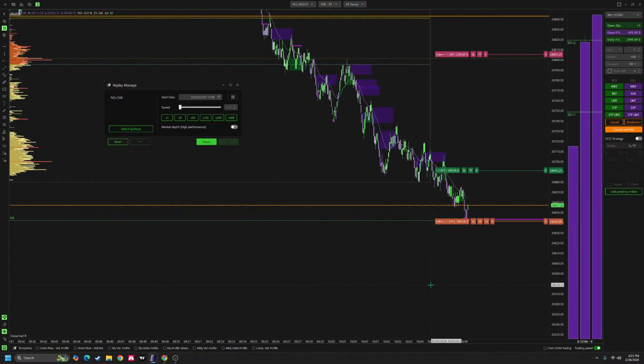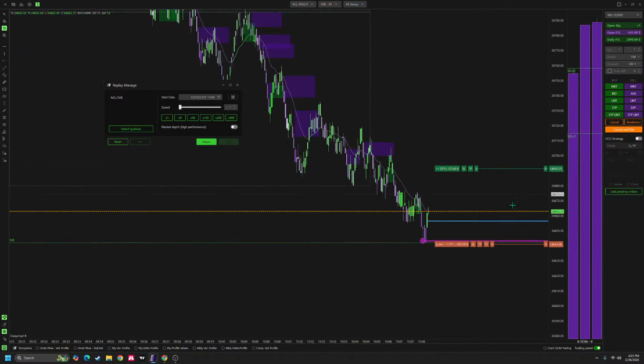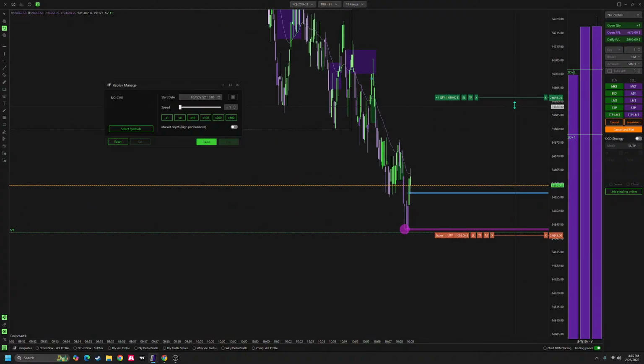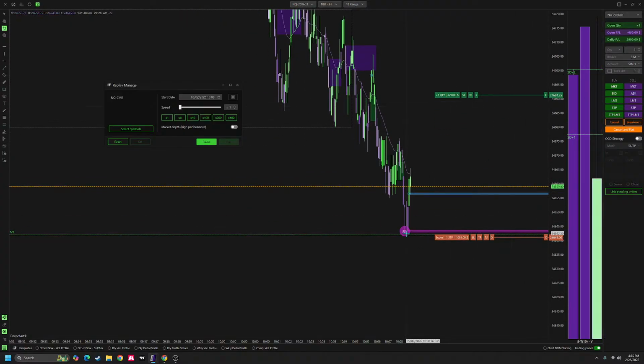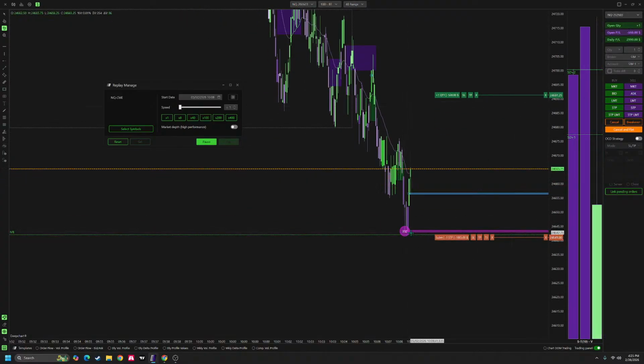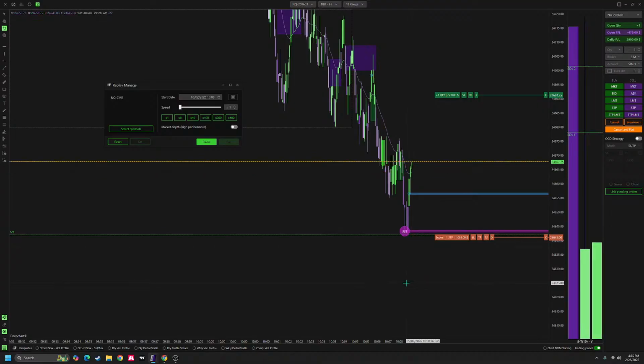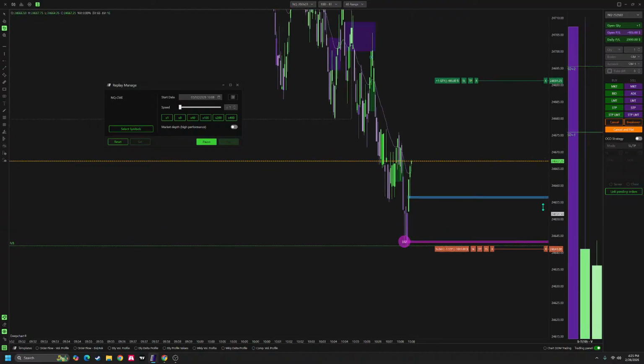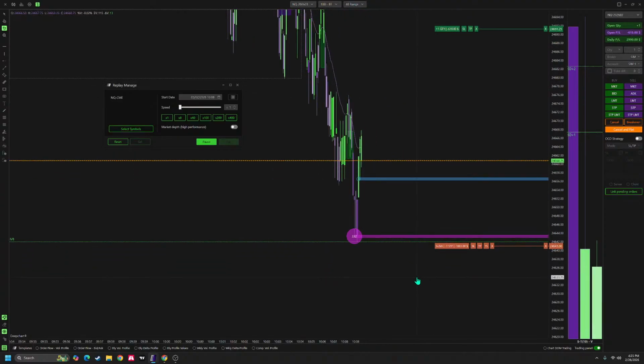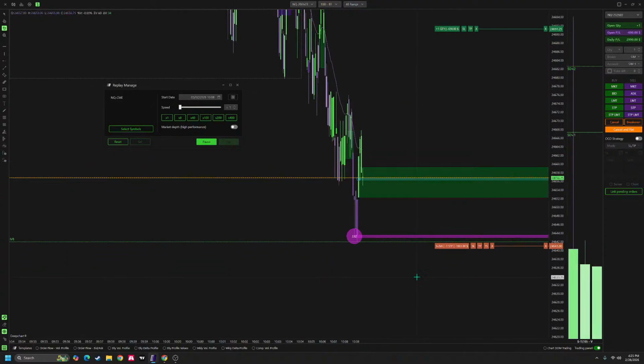And look at that, man. Sellers got absorbed. 332 sellers got absorbed by passive buyers. And now it's moving back up. And we missed getting ticked out by literally a couple ticks.